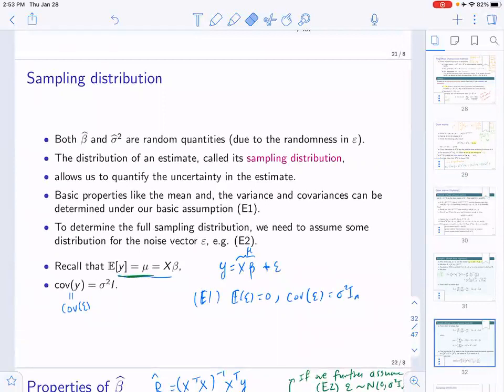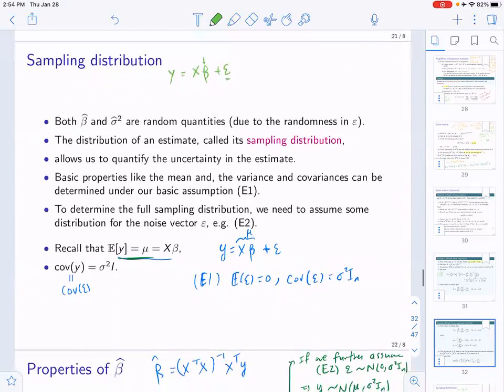We're continuing the discussion of linear regression, and we now want to study the properties of the estimators, beta hat and sigma hat squared. The way we view the problem is that these are random quantities, due to the randomness in the epsilon. Remember y was X beta plus epsilon, so there is a true beta generating the y's, and then there's noise in the generation.